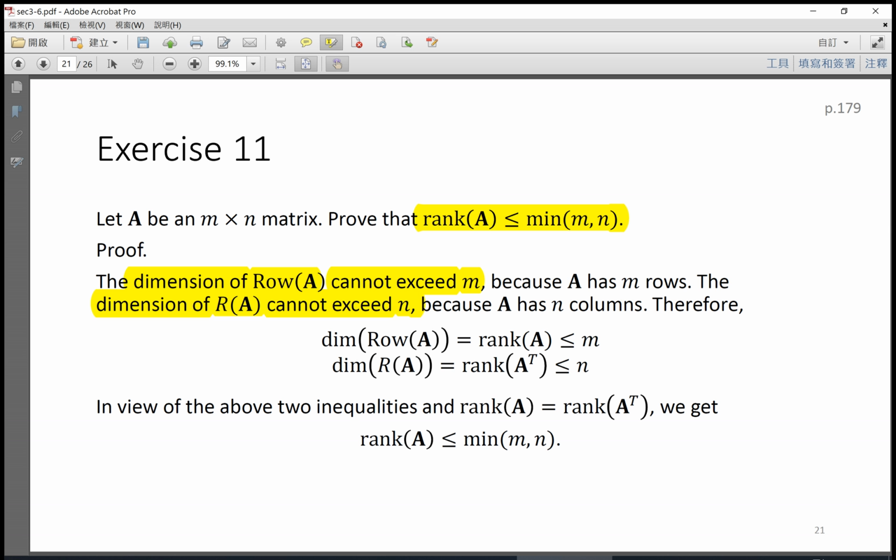Therefore, we have rank A is less than or equal to m.